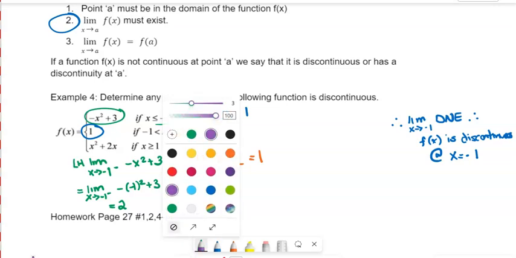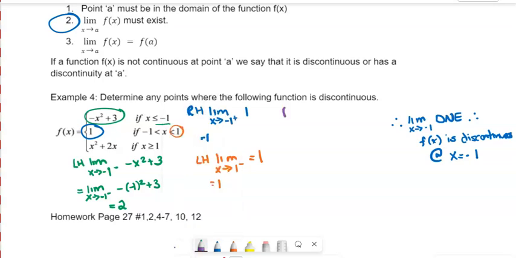And then my last one will be the right-hand limit as x approaches 1 from the right. So this is any number bigger than 1. So I'm going to put in 1 squared plus 2 times 1, and that's going to be 3. And 3 does not equal 1.